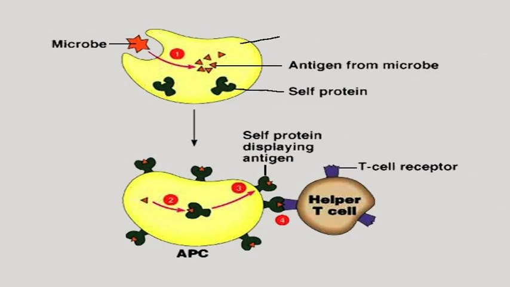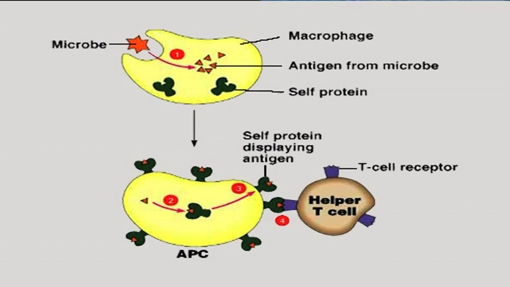Dendritic cells and B cells, and to a lesser extent macrophages, are equipped with special co-stimulatory ligands recognized by co-stimulatory receptors on T cells and are termed professional antigen presenting cells, that is APC.